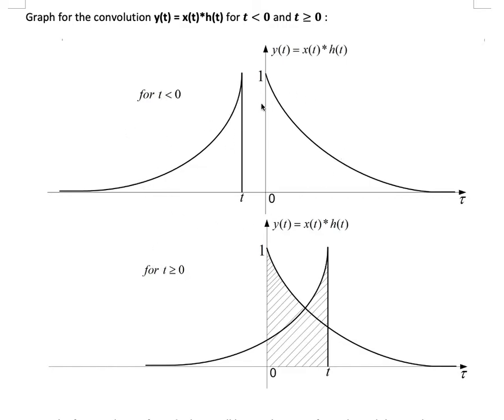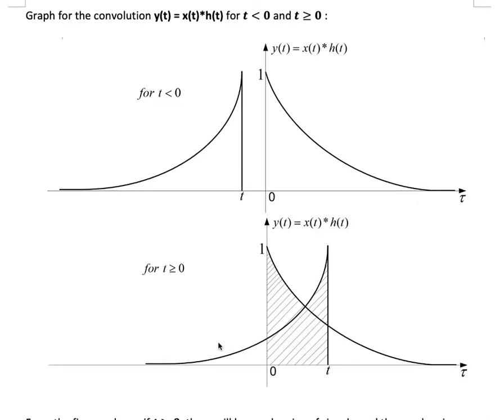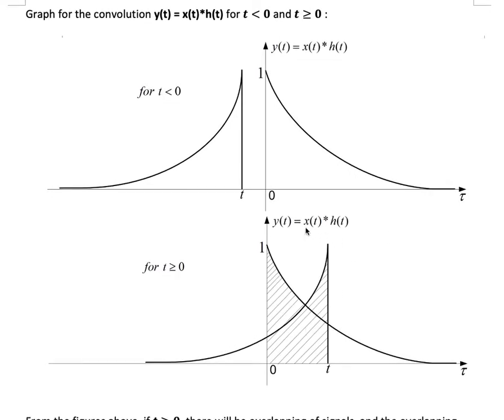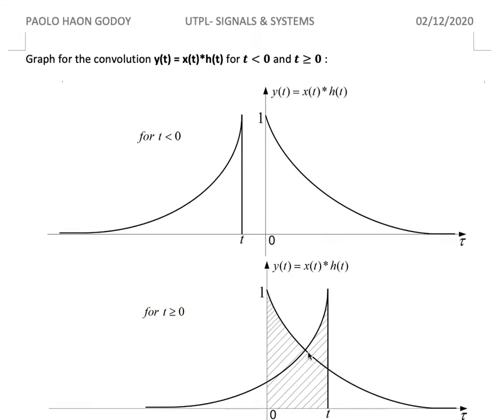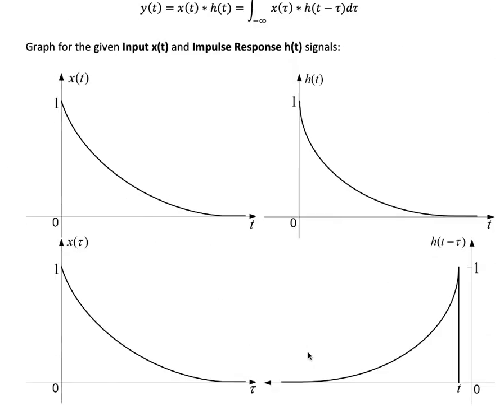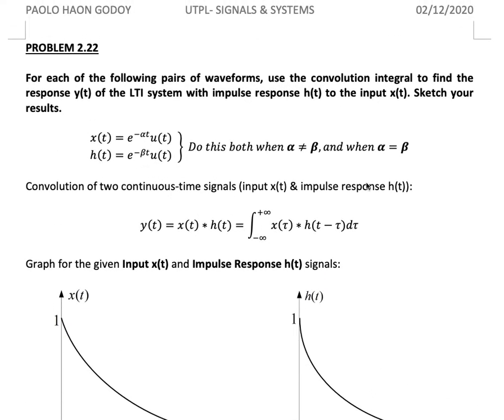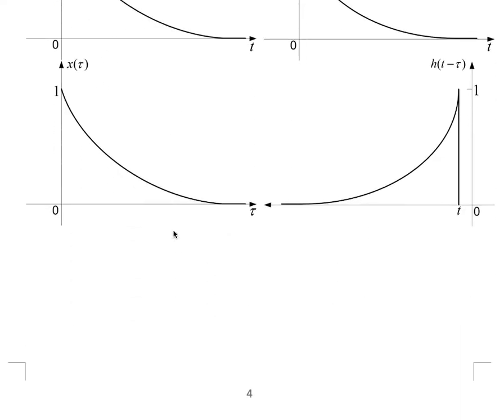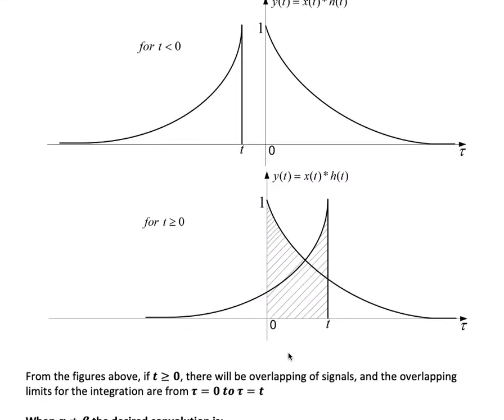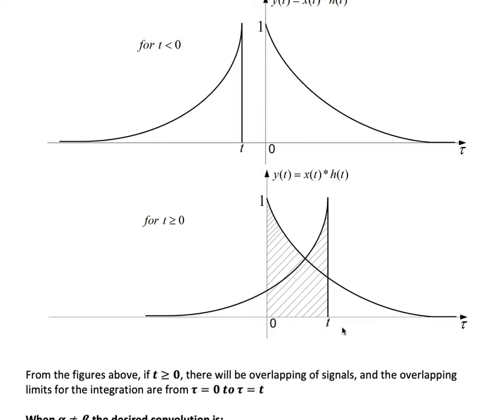They are behaving separately. Now, when time is more than 0, there is this overlapping, from 0 to time t. This overlapping condition is what we are going to consider in order to solve the question. So the boundaries that we're going to consider are the overlapping interval between 0 and t.